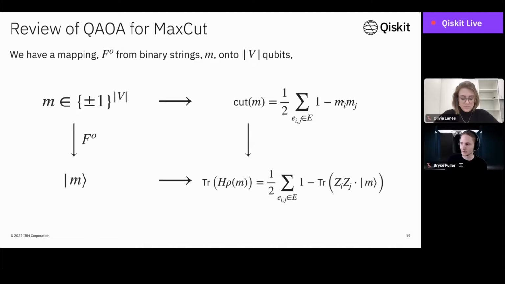We're just replacing our binary variables with diagonal operators, such that when you evaluate this expectation value, it gives you the same objective value that you would have gotten if you had evaluated this classically, right? So this is showing that QAOA has an embedding of our problem that faithfully represents the underlying problem that we wanted to solve initially, right?